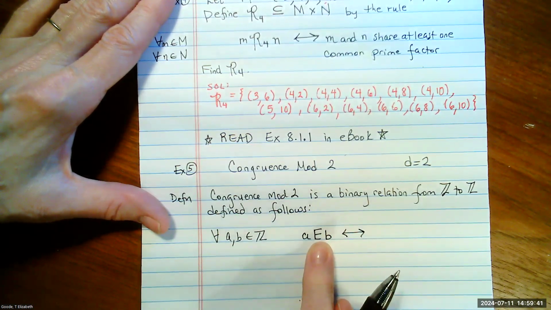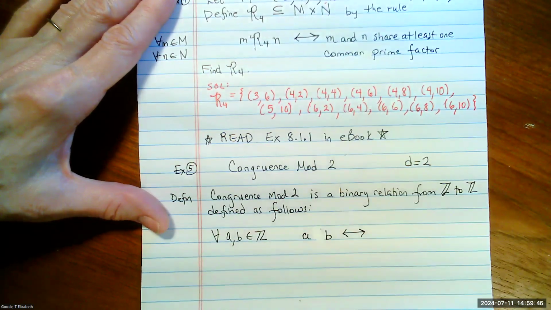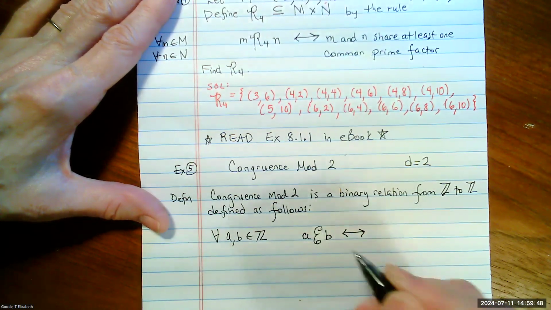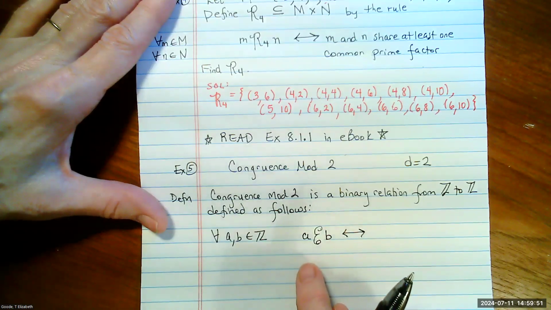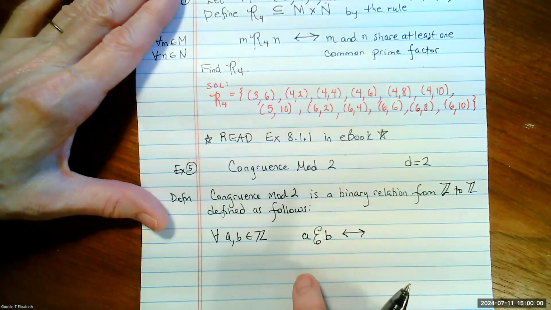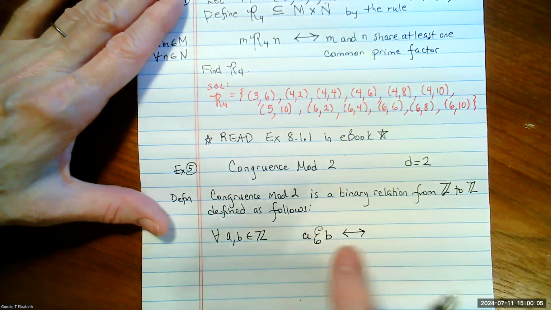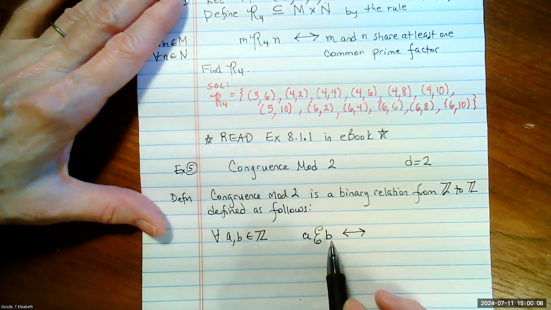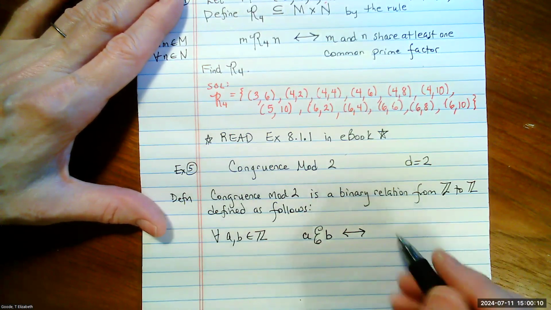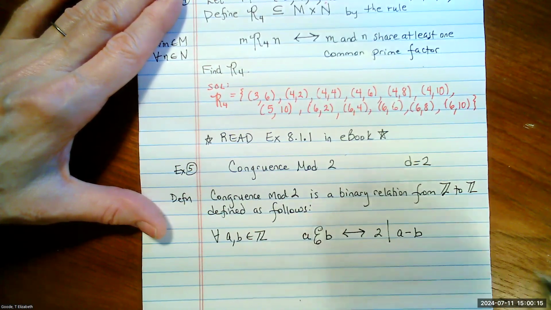So we're using capital E. I'm going to make that a curly E because the way I was taught, binary relations are always denoted by uppercase, curly or cursive letters, unless we use some completely different kind of symbol. And there is one for congruence mod 2. So we're going to use curly E. A is going to be curly E to B if and only if 2 divides the difference A minus B.